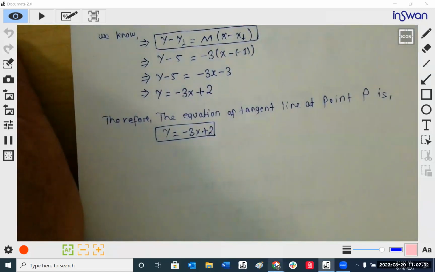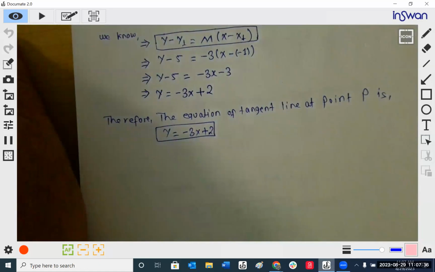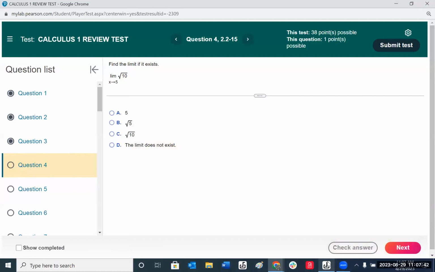Okay, and did we enter that as an answer? Okay, so here we have another question. This is question 4.